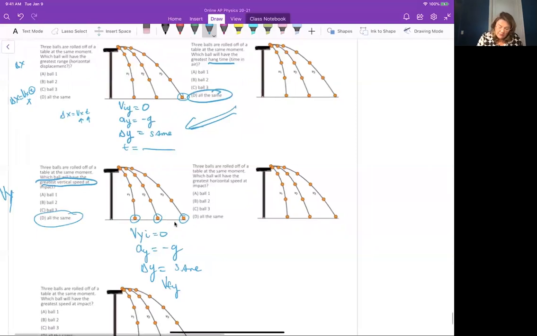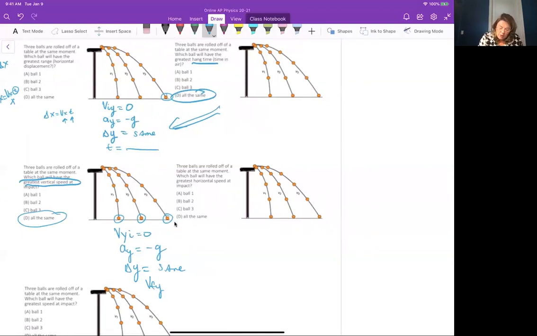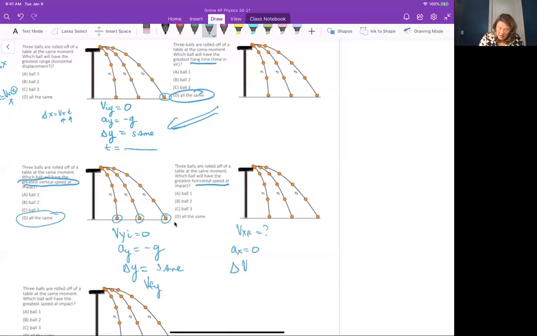3 balls are rolled off the table at the same moment. Which ball will have the greatest horizontal speed? So what are we talking about? We're talking about Vx final. Which one is the greatest? Well, acceleration in the x direction is 0. So the only equation I have that works for me in the x direction is delta x is equal to Vx times time.